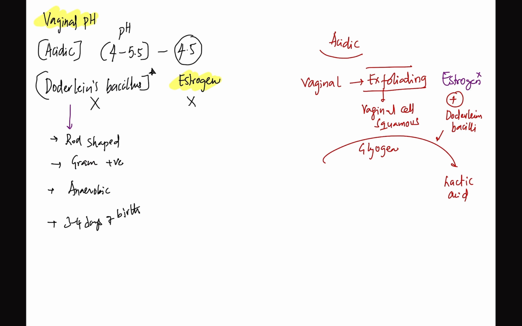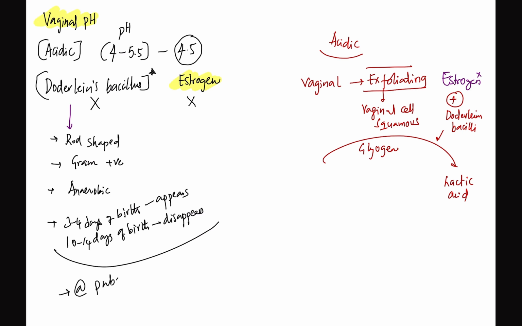Now after that it disappears in 10 to 14 days of birth. So it appears close to first week, it disappears in the second week. Now after that it will only appear again at puberty. It again reappears. Now at menopause it disappears.